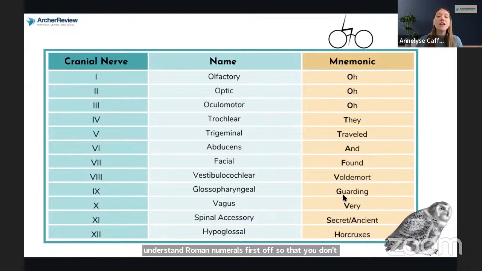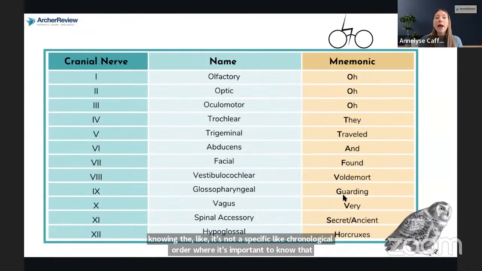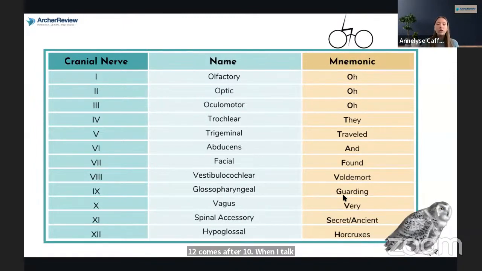Then you want to know the name that is associated with that number. When I say learning the order of cranial nerves, the most important thing is not knowing a specific chronological order where it's important to know that 12 comes after 10. When I talk about knowing the order of cranial nerves, what's important is knowing that 10 is the vagus nerve and that 1 is the olfactory nerve.